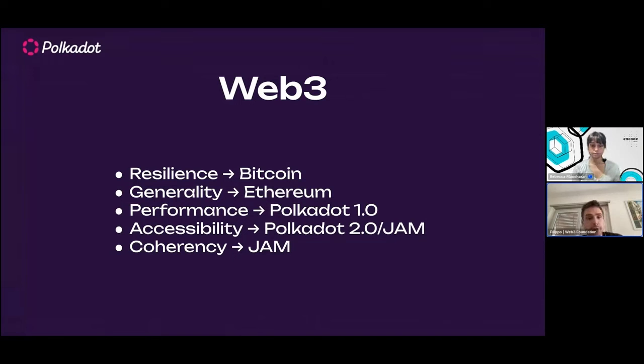We have Bitcoin that provided a very resilient way to transfer value without intermediaries using blockchain technology. Then we had Ethereum in 2015 that had a lot of generality, and Ethereum essentially provided the ability to run anything as a smart contract on the Ethereum blockchain. So a very general computer compared to Bitcoin, which has only a limited set of instructions.